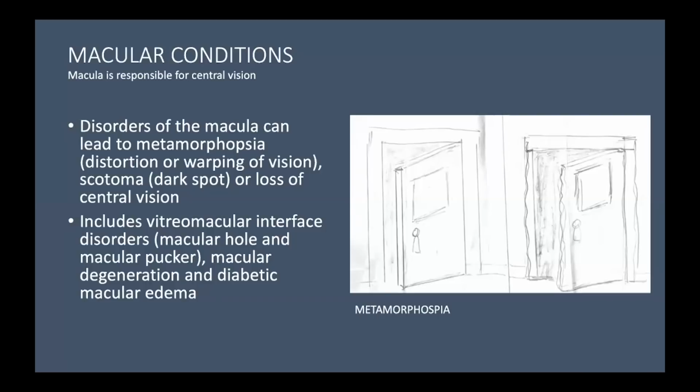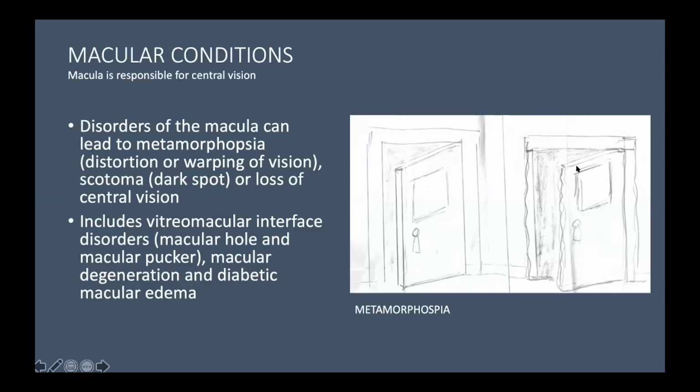Here I have a cartoon made for me by one of my patients who happens to be a cartoonist. And he wanted to not just describe to me, but show to me the difference in the vision between each eye. So on the left side, you see how a door appears to him out of the unaffected eye. And on the right eye, you see how a door appears to him out of the eye that's affected by a macular condition that's causing distortion or metamorphopsia.